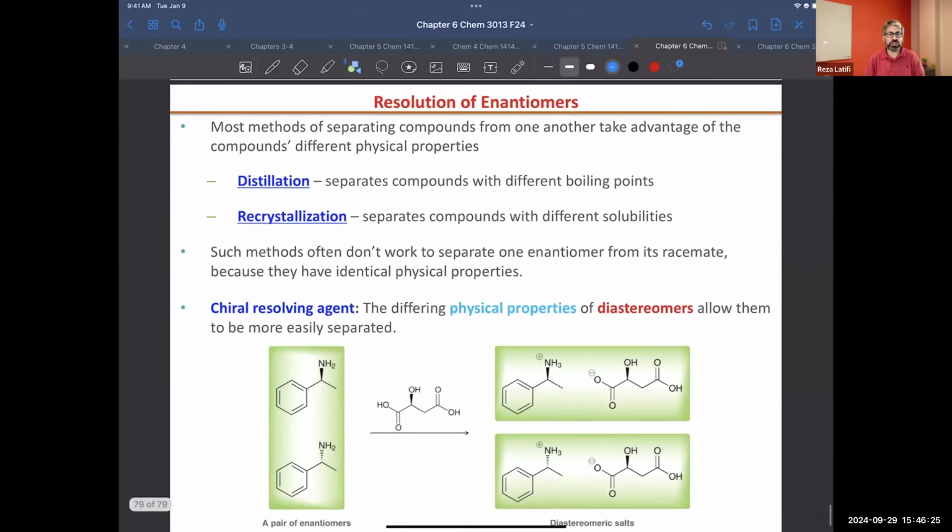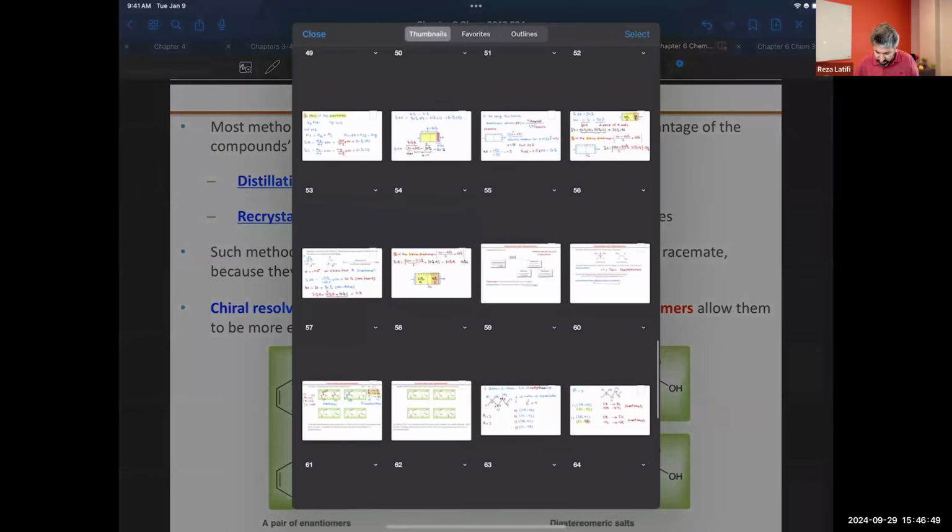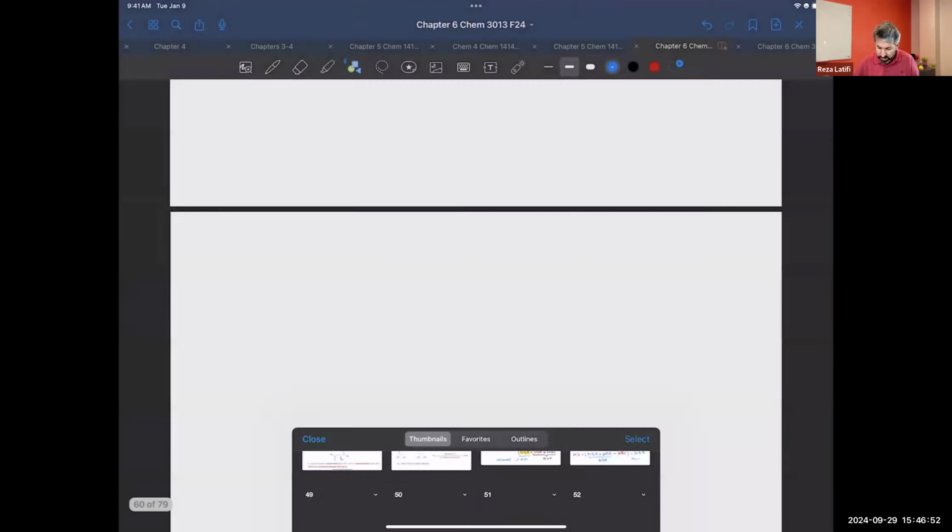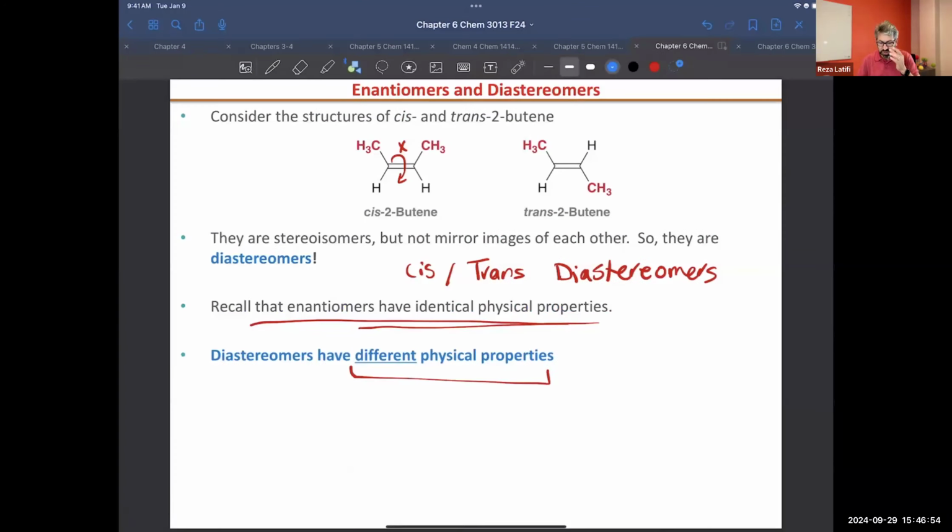Last subject that I want to talk about. Enantiomers are mirror images of each other, but not superimposable. They have exactly the same boiling temperature and physical properties. So how do you want to separate them? We know if we turn them to diastereomers, as you see, diastereomers have different physical properties.